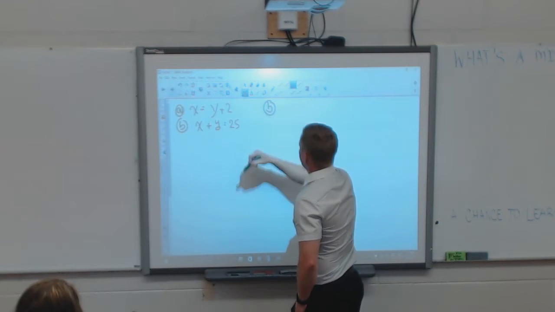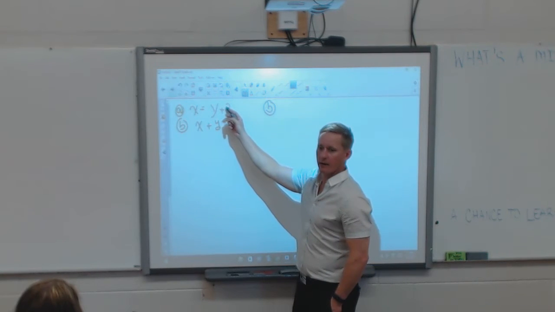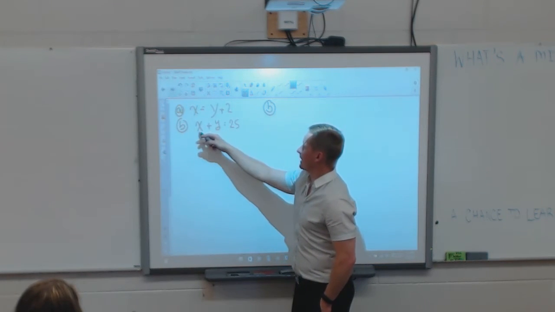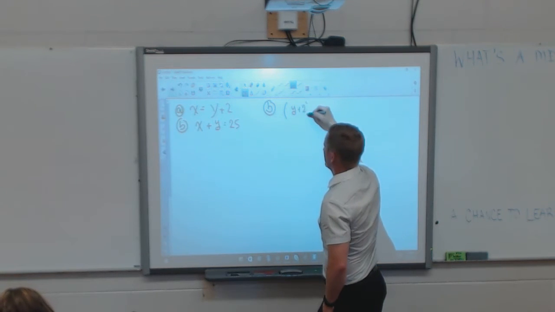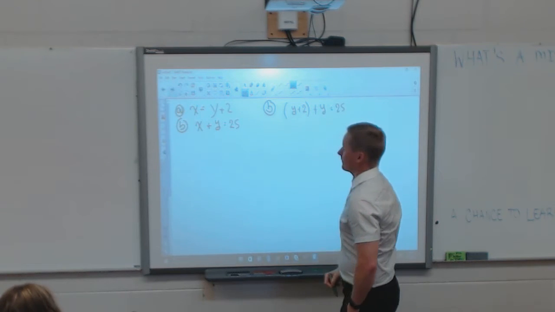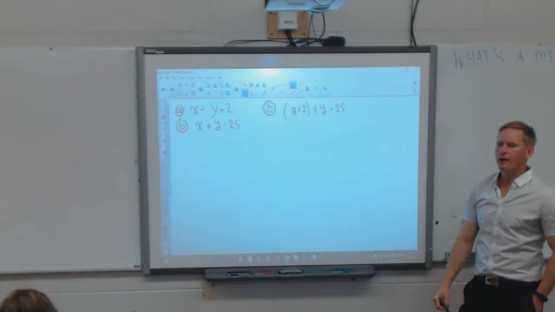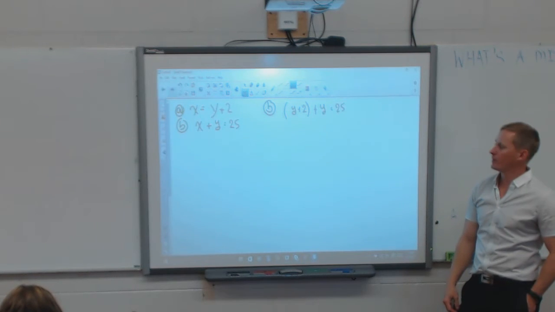So let's put this in for x in B. So what do I get? Y plus 2, add y equals 25. It was already isolated. Easy question, you don't have to do any work.